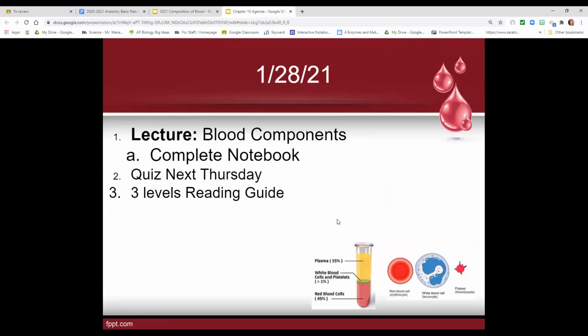Okay, so I'm going to do something a little bit different today. I am going to lecture over blood components, and typically this would be a 2-day lecture in class. Normally we would do a short lecture and then do a worksheet with it, and then the next day we do the other half and another worksheet.